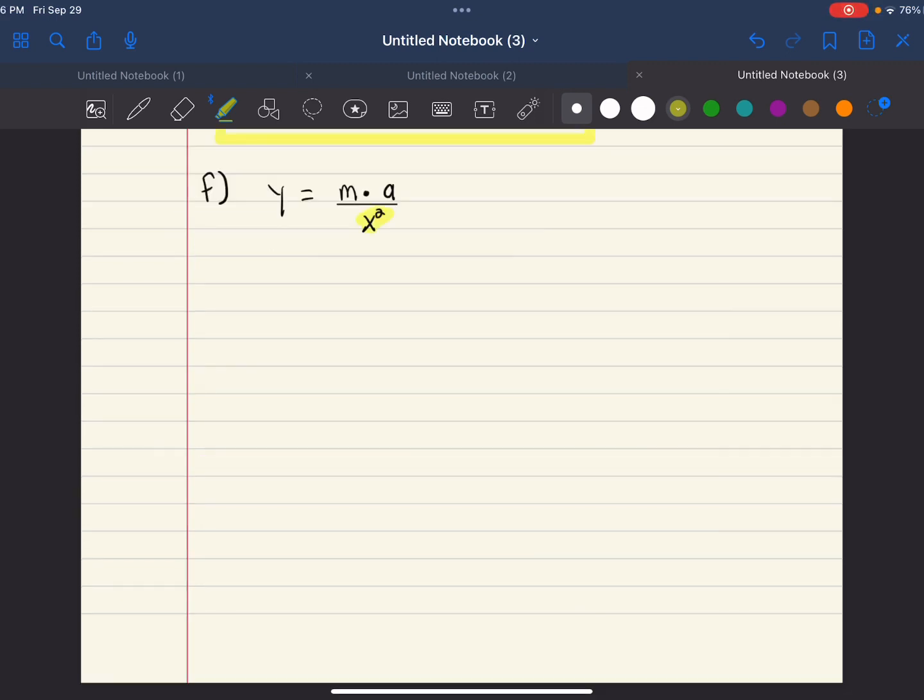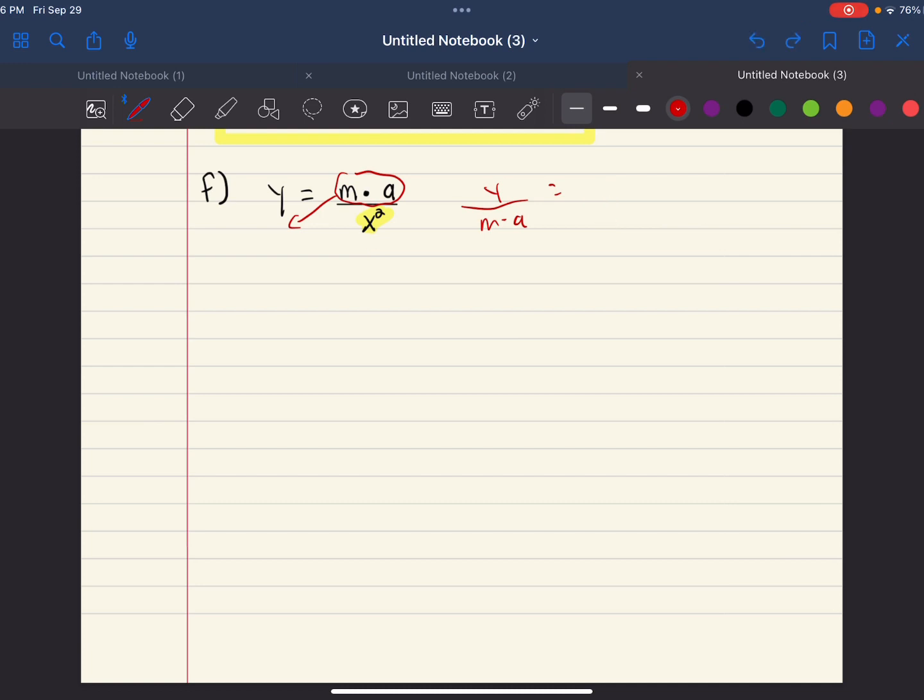So here when we're solving for x, we have x squared at the bottom as a denominator. And so that alone has some different rules. We can't just cross multiply this over here and make it y divided by m times a, because since this is a denominator, what you end up actually having is a 1 over x squared. And we don't want 1 over x squared, we just want x squared.